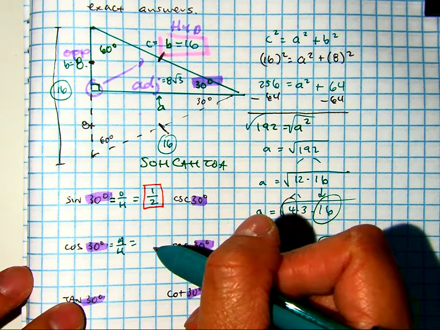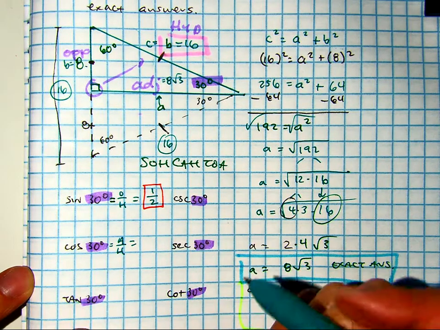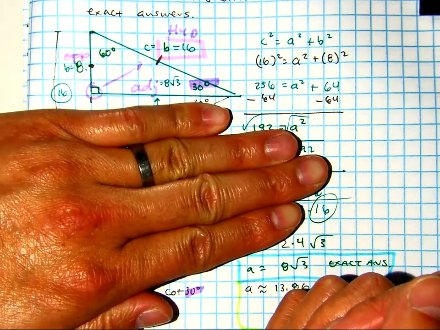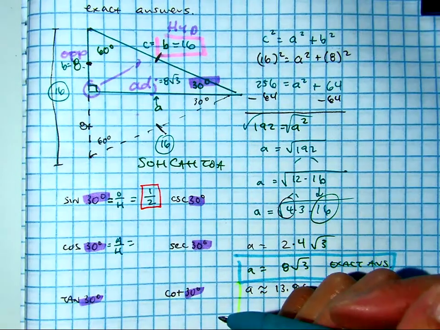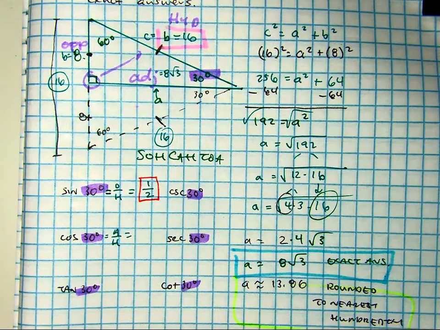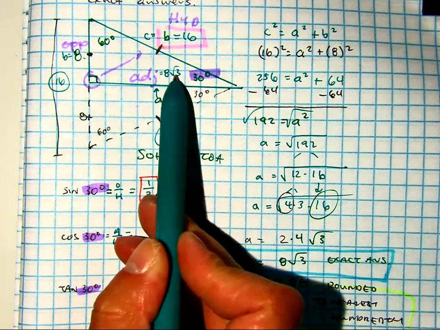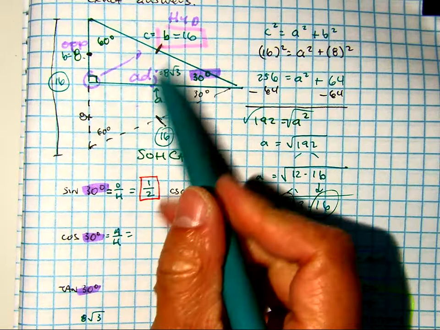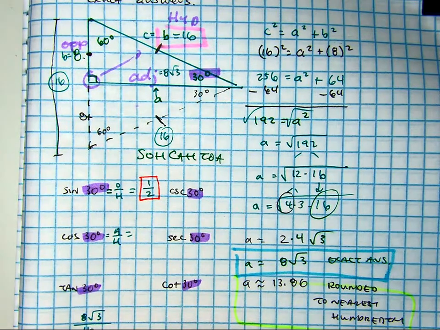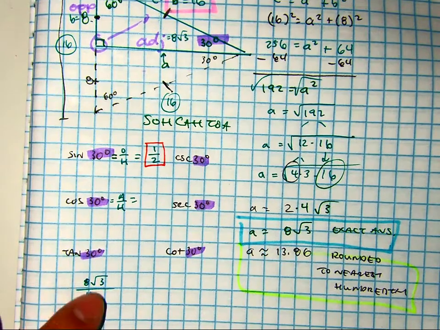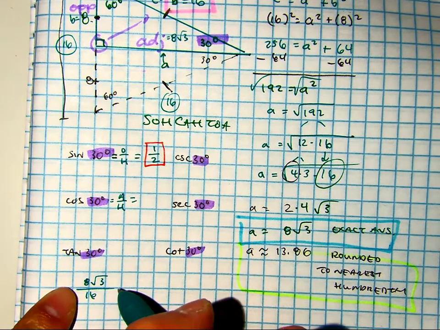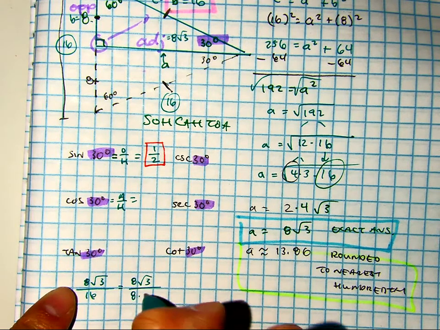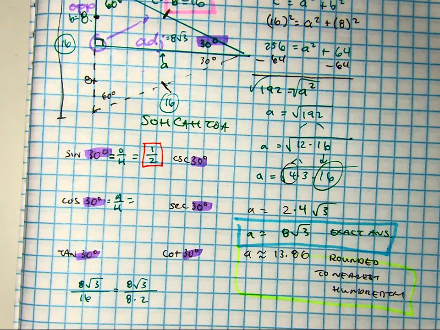Adjacent. So adjacent is 8 radical 3 over the hypotenuse, which is 16. When you reduce this, Sohail, what do you get? Radical 3 over 2.